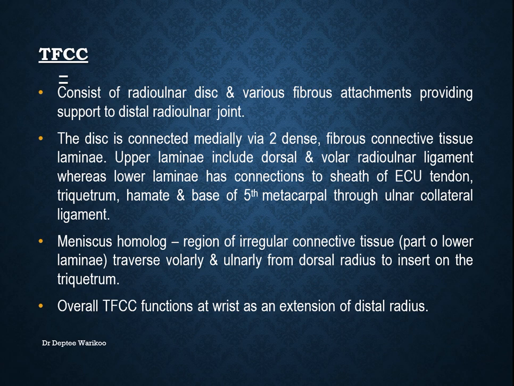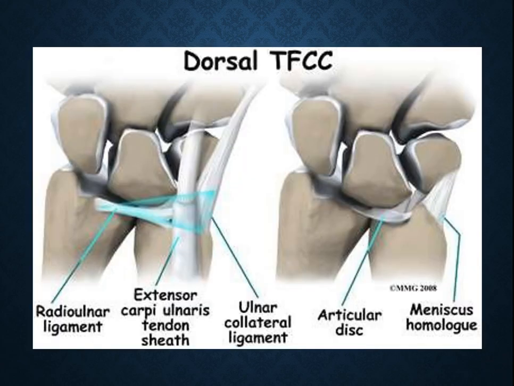Along its path, the meniscus homologue has fibers that insert into the ulnar styloid and contribute to the formation of what we call the prestyloid recess. Overall, the TFCC functions at the wrist as an extension of the distal radius. So this is very important. Here you could see the diagram of all the structures along the dorsal TFCC.